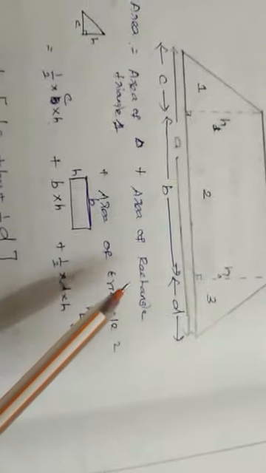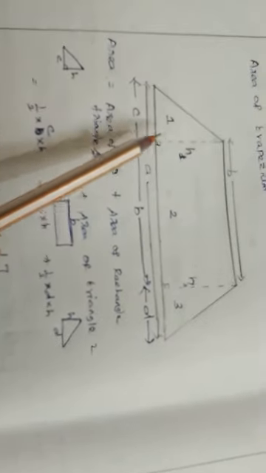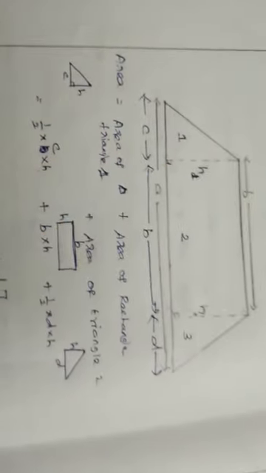So now the area of the whole shape is the area of the first triangle, the rectangle and the second triangle. So we have three areas. The area of a triangle is 1 by 2 base into height.